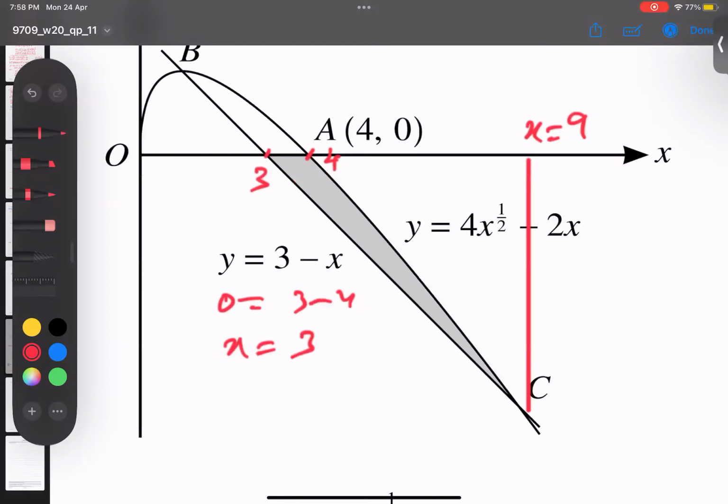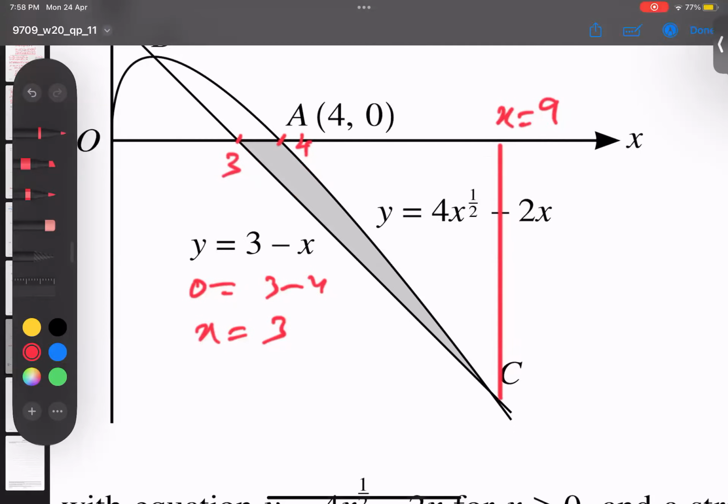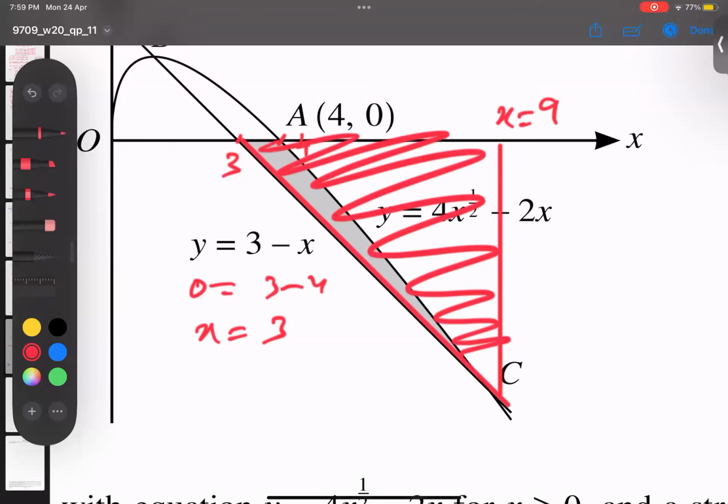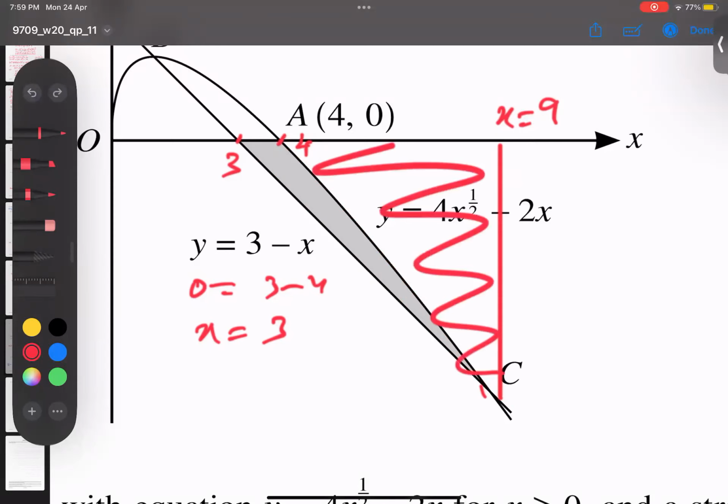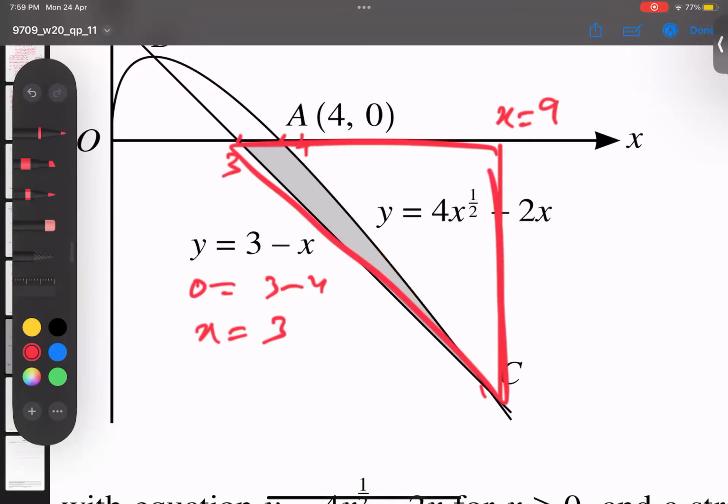Now look here, this is a straight line. If I integrate the straight line with limits 3 to 9, I get this full triangle area. And if I integrate the curve from 4 to 9, I get this white area. From the full triangle area, subtract the white area, and I get this area.